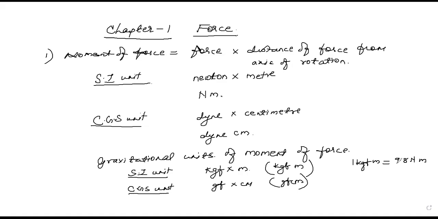And 1 gf centimeter is equal to 980 dyne centimeter. Dyne plural nahi aayega beta. They'll test you here. Many of the children will write plural. It should be singular: 980 dyne centimeter. Got it?